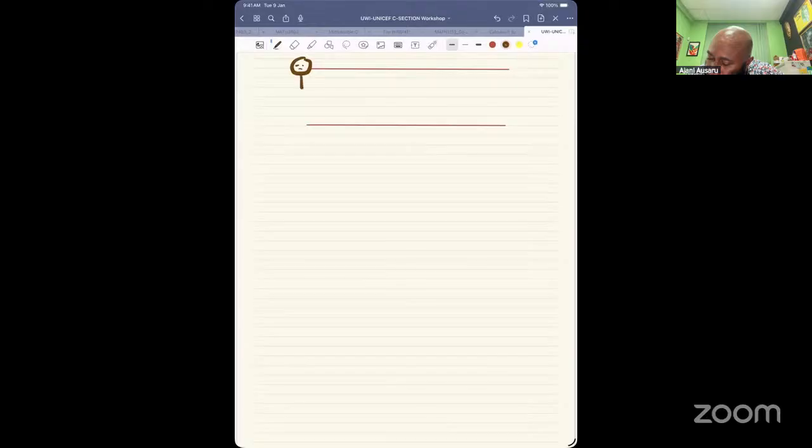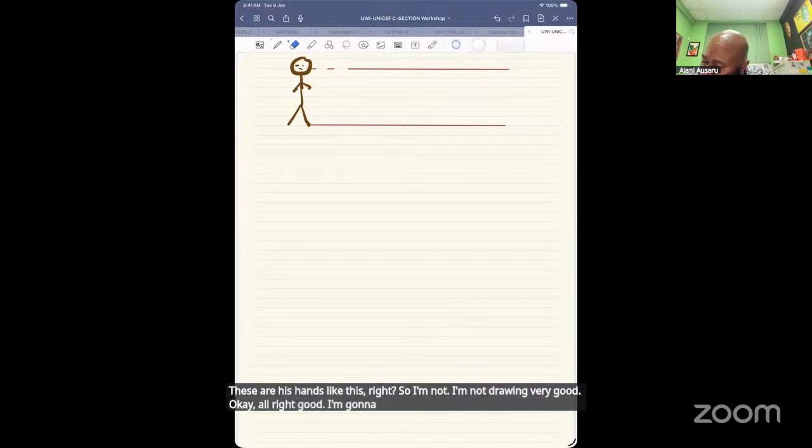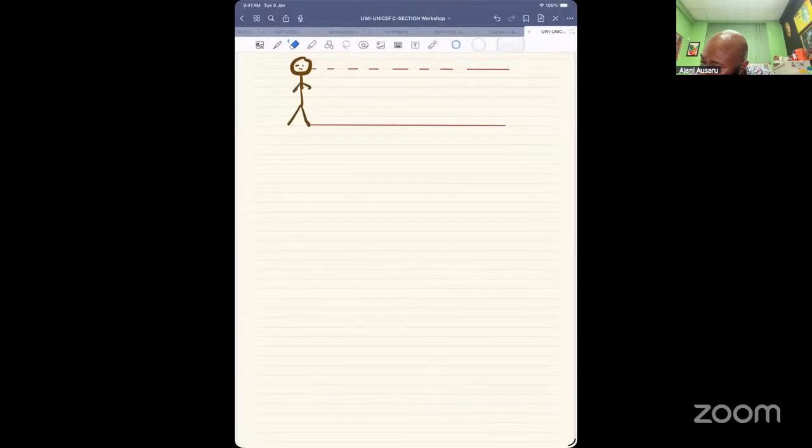These are his legs, right? So his legs are on the ground, and these are his hands like this, right? So I'm not drawing very good. Okay, all right, good.